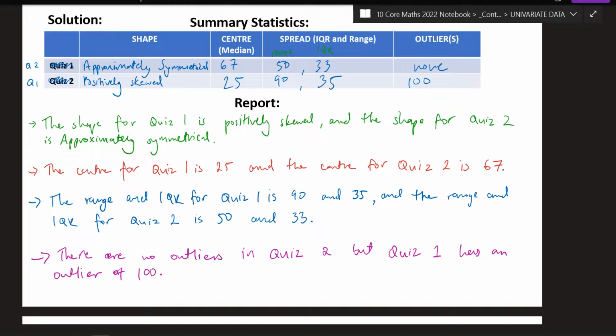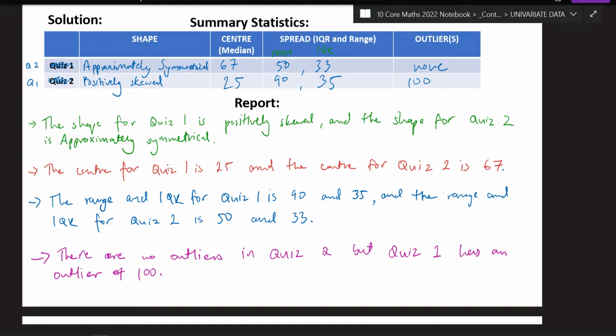You need to write those 4 things. So you talk about the shape, you talk about the center, the range and IQR, and then also if there's any outliers. It doesn't necessarily matter what order you do it in, or even what order you write them in. You can write quiz 1 first if you want, or quiz 2 first. What matters for the assessors is you actually state what's the difference or what's the same, and what the numbers are.